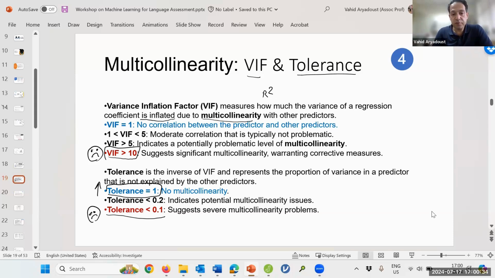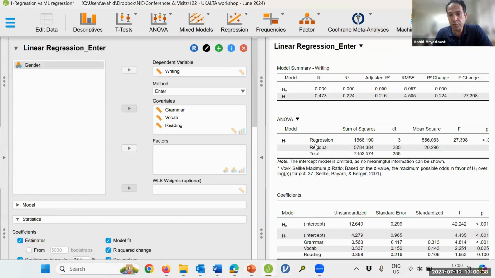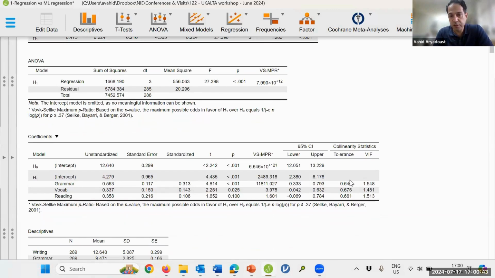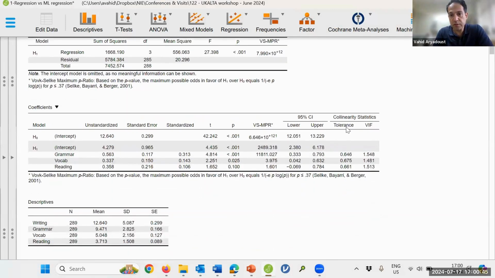And do we have the data in our output? You bet. Here is data in our output. Under coefficients, you are looking at the tolerance and VIF. You remember, I just mentioned that the VIF of close to 1, equal to 1, is the best. And as you see, everything is very close to 1 here, which is pretty good.